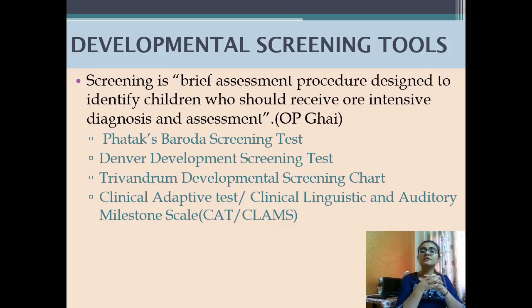Others are also given, like FATEX Baroda screening test, Denver development screening test, Trivandrum developmental screening chart, clinical adaptive test. All these tests can be followed to assess the proper development of a child. You can use them, and these are all given in your books. I'm not going into detail because these are not that much used by me.